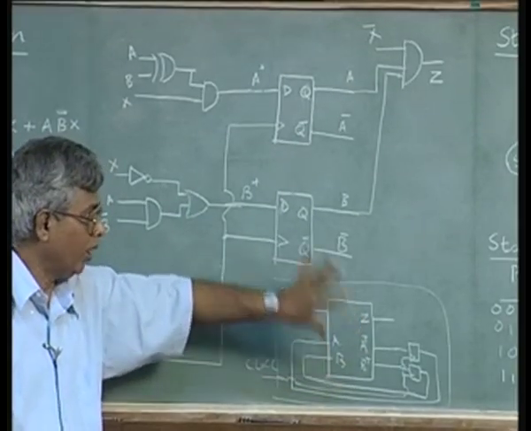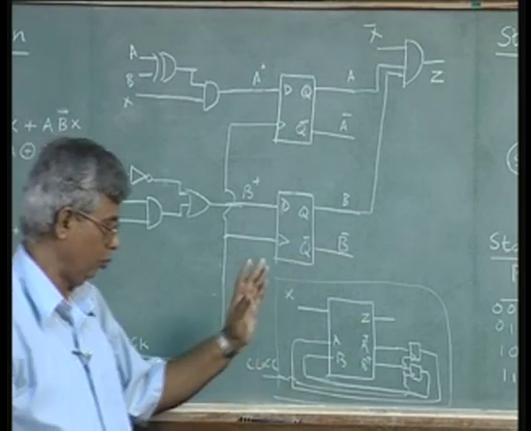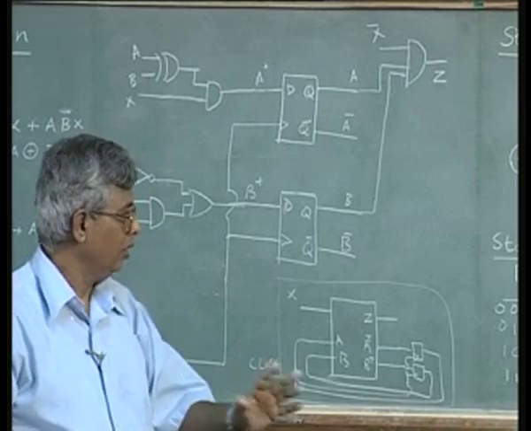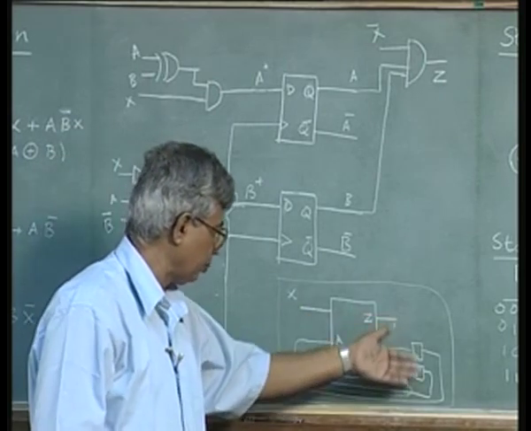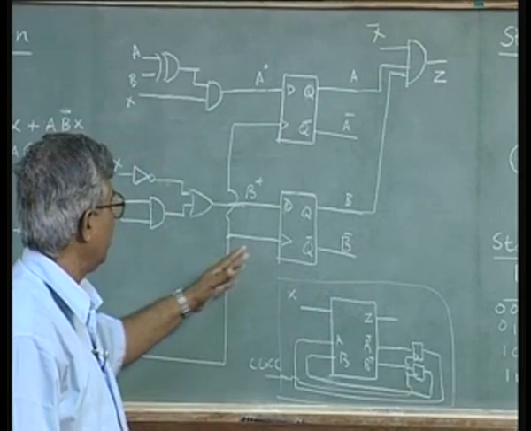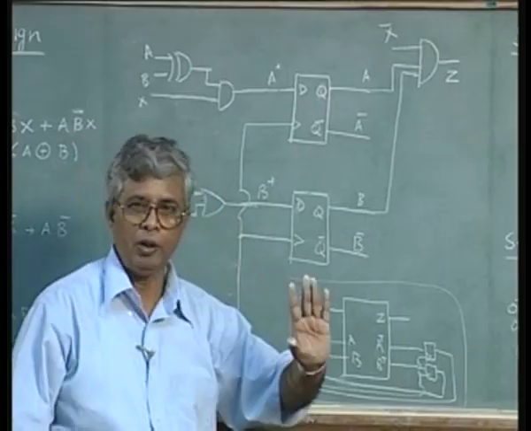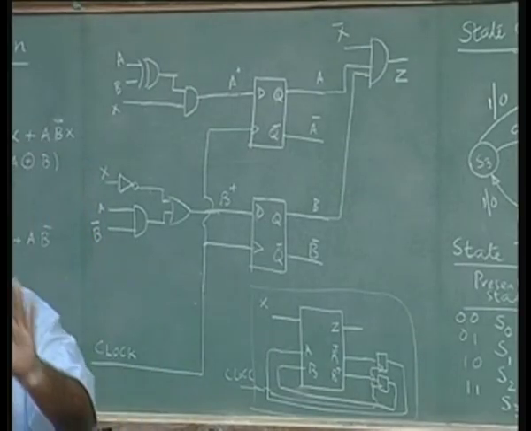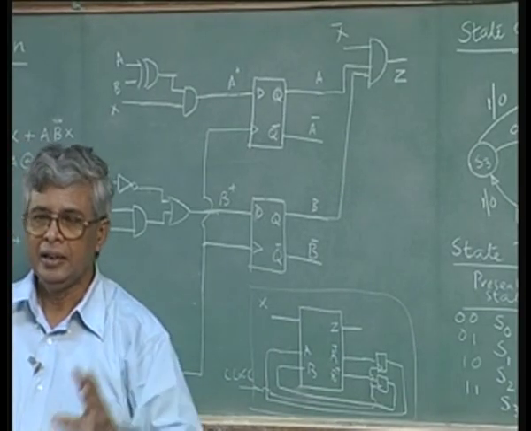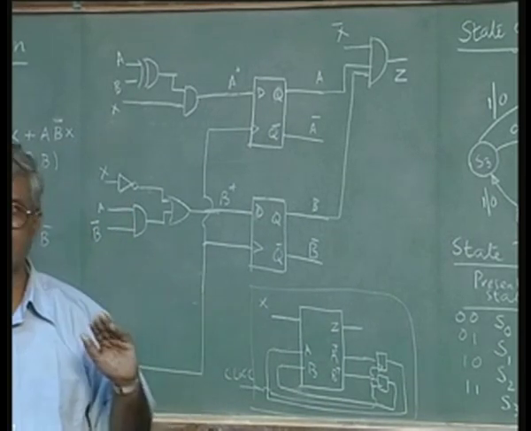So, whatever is the design problem, whether it is a simple serial adder or a pattern generator or any other complex problem, we can go through the design procedure. Remember to have the specifications complete in detail, very clearly written, with no ambiguity, and then from the specification you draw the state graph.